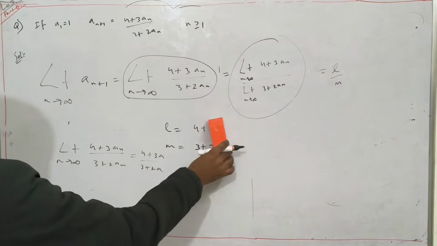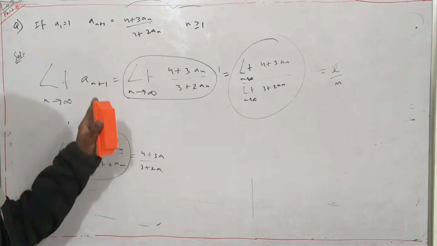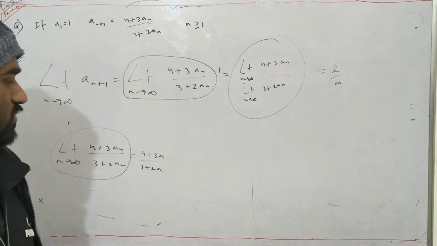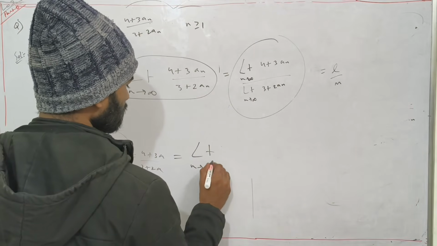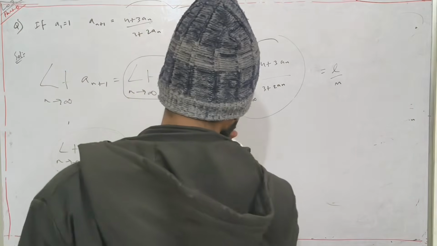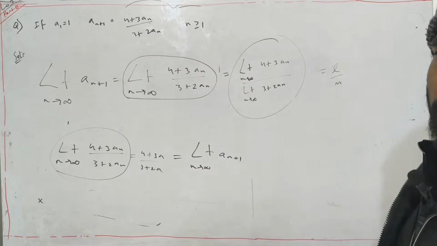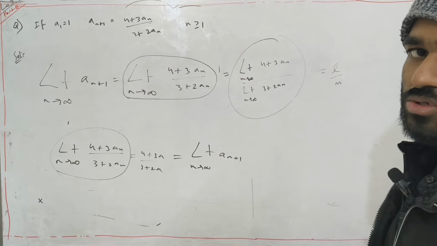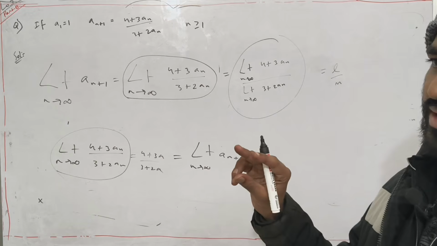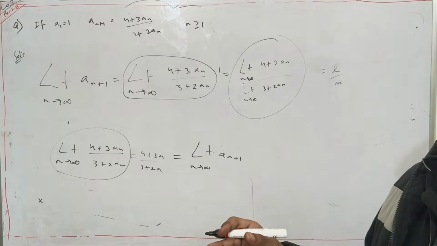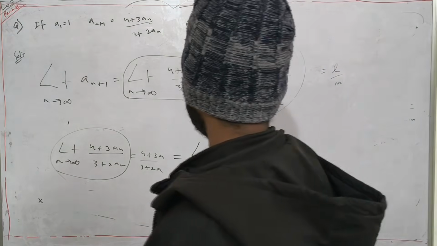And the left-hand side is limit n tends to infinity a(n+1). As n goes to infinity, a(n+1) is the same as an, because there is no difference between n equals infinity and n equals infinity plus 1, because it is very large.